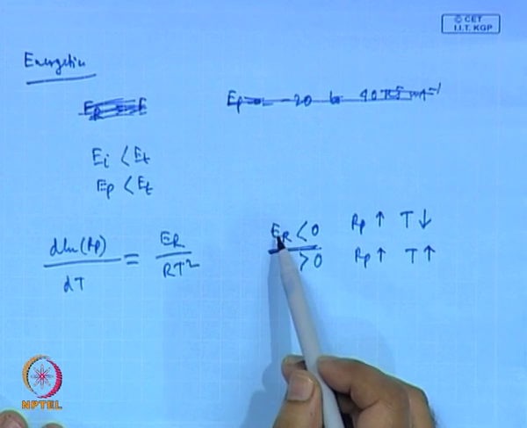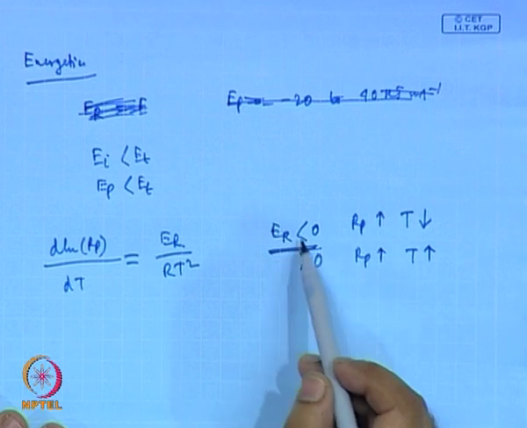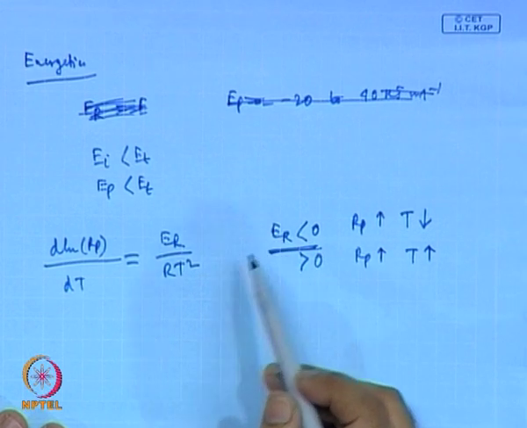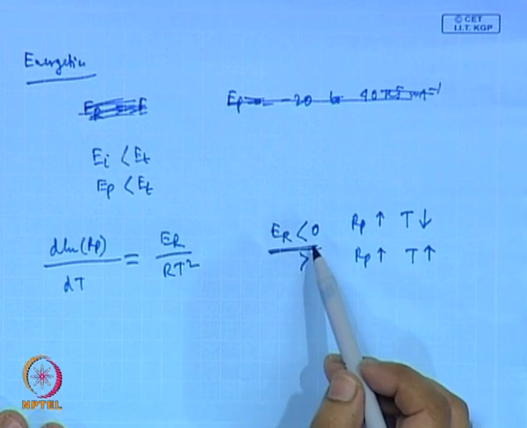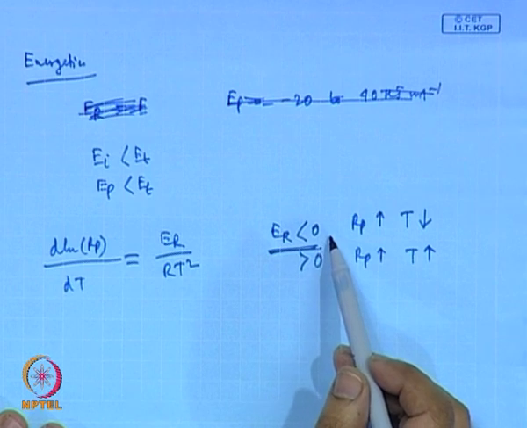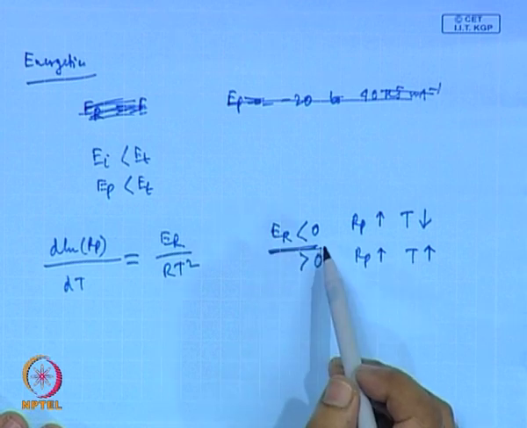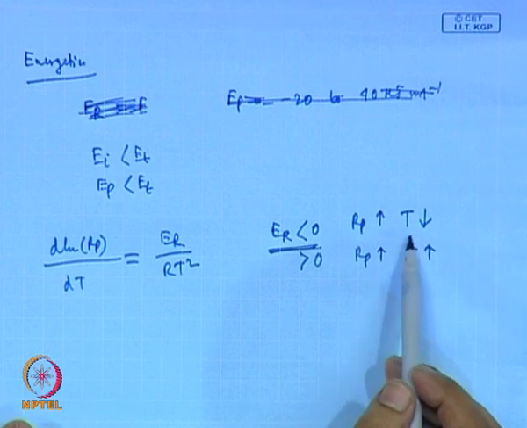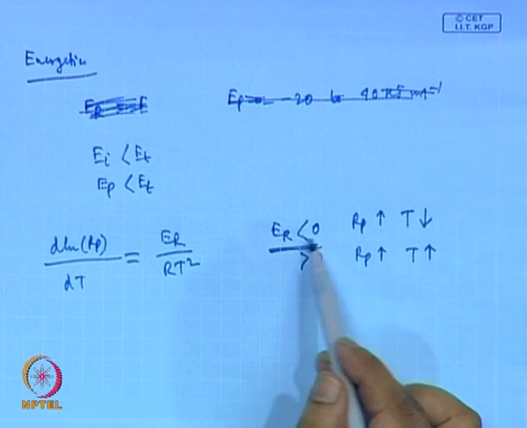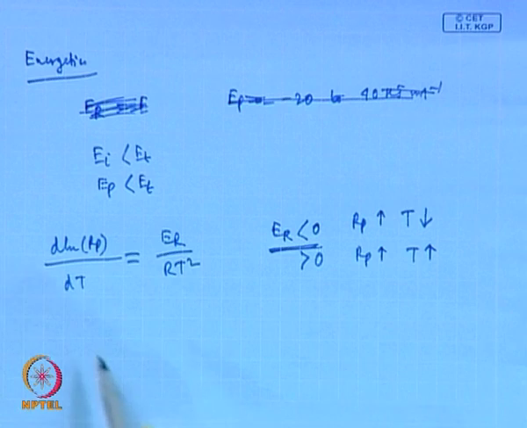The activation energy for the overall reaction in cationic chain polymerization could be negative, because it is a combination of the activation energies for initiation, propagation and termination reactions, and if the activation energy for termination is higher than the combination of activation energies of initiation plus propagation, then it would become negative. So, the rate increases with decreasing temperature if this is negative. If it is positive, then the rate of reaction increases with temperature.